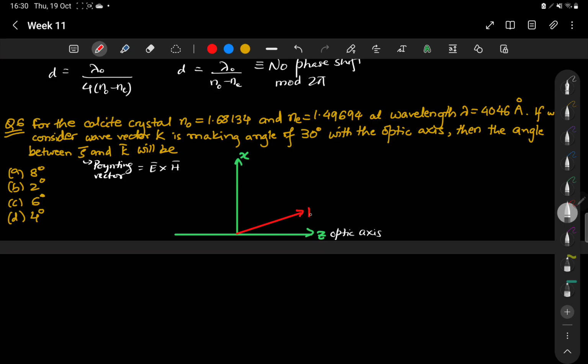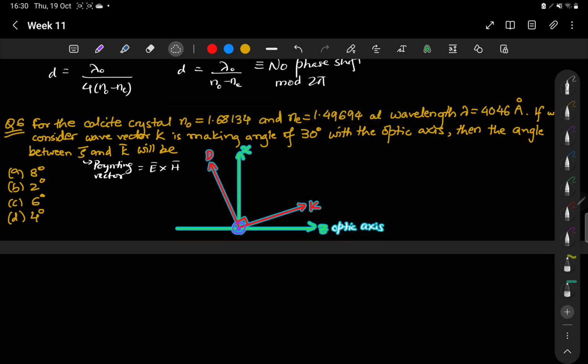So this is my k vector, and the d vector is perpendicular to the k vector. That's my d vector. This angle is 90 degrees. Then my h vector is coming out in the y direction. So this is the h vector.